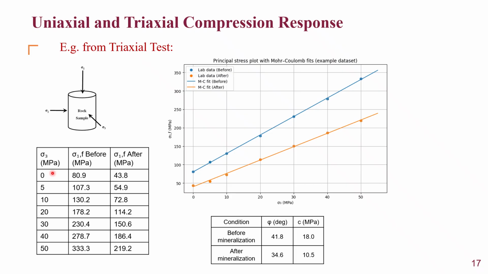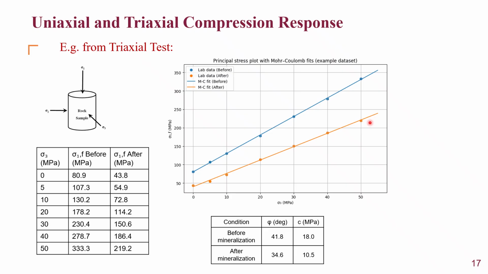Now this is done for different confining stresses, and then the data is plotted on a graph. On this graph you can see the blue one, which represents before mineralization, and the orange, which represents after mineralization.